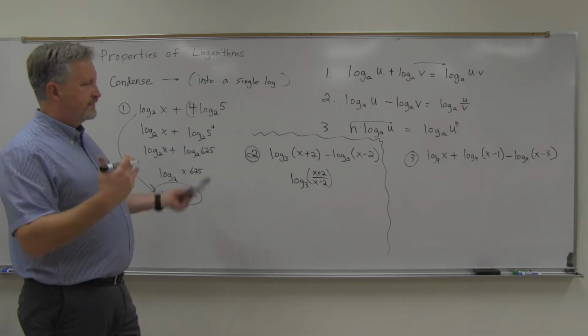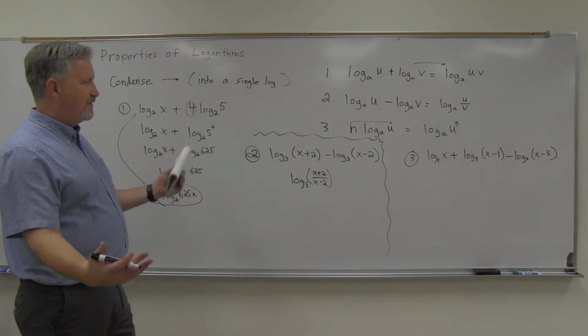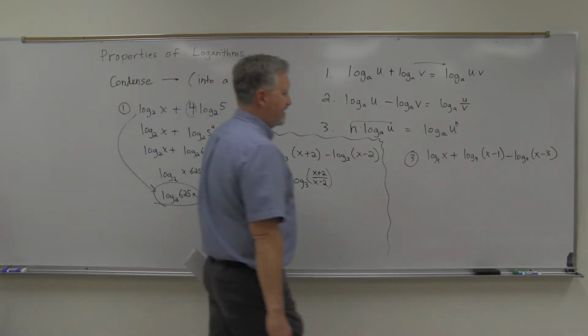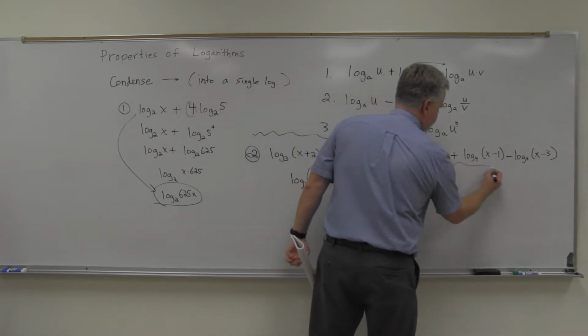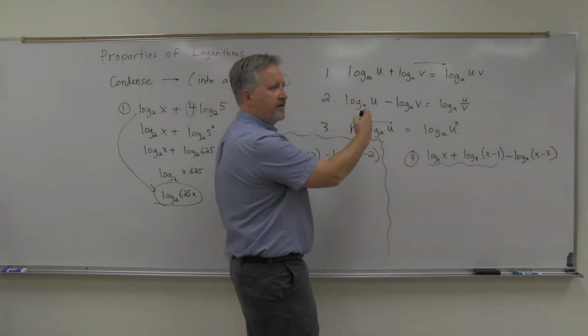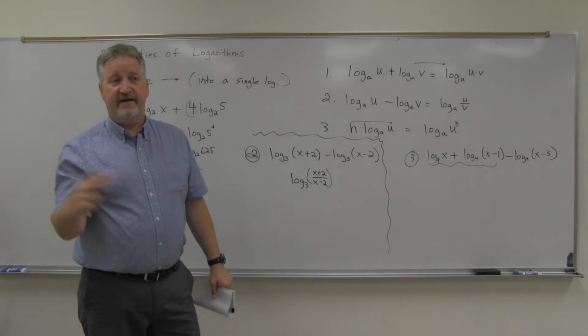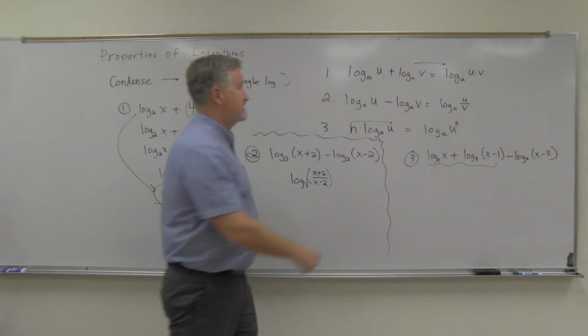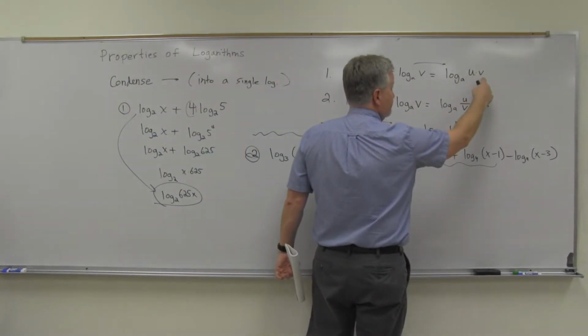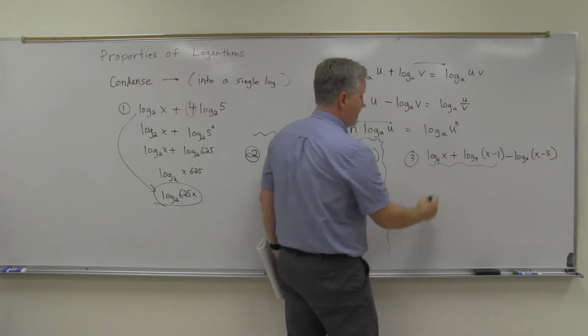Well, two at a time if you want to go step by step, but these two are property 1, right? I've got two logarithms added together, and so those would condense down to one logarithm where there's times.